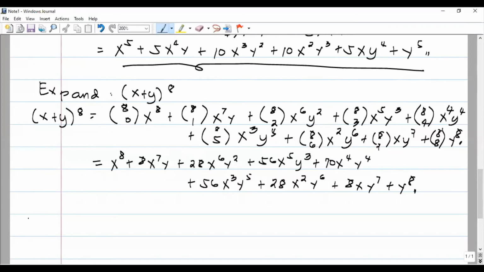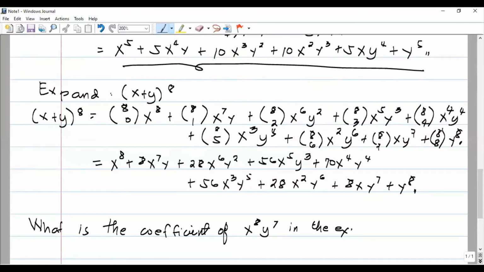What is the coefficient of x raised to 8, y raised to 7 in the expansion of x plus y raised to 15?